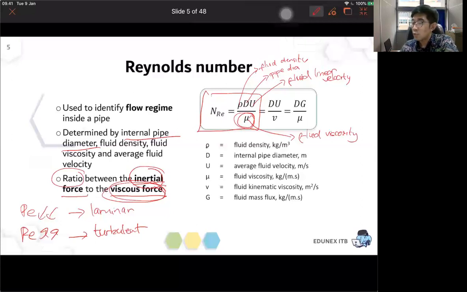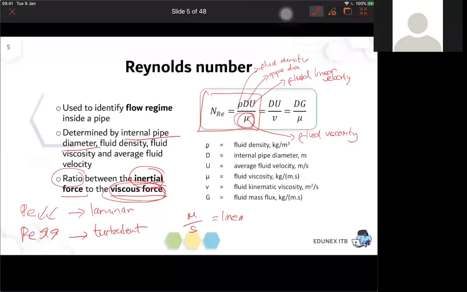Okay, you asked about the linear velocity. Linear velocity is the normal term velocity, meter over second. This is linear velocity.